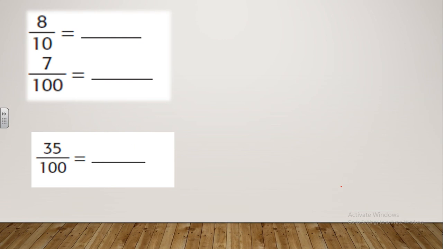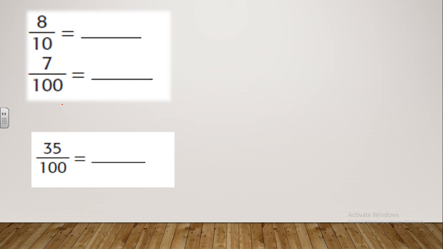Let's continue. Here he wants you to write it as a decimal. So here we have in the numerator 8. Our rule tells you that you will write the number in the numerator and you will put the decimal point according to the denominator. Over 10. The 10 has one 0, so we will put the point after one number. Over 100, the 100 has 2 zeros, so you will put the decimal point after 2 digits.